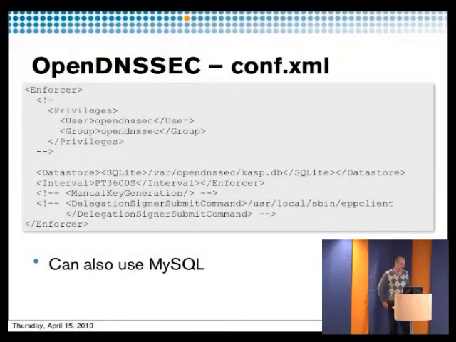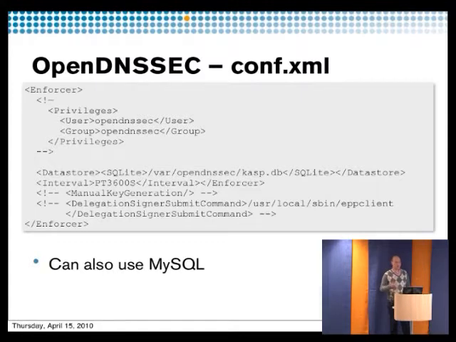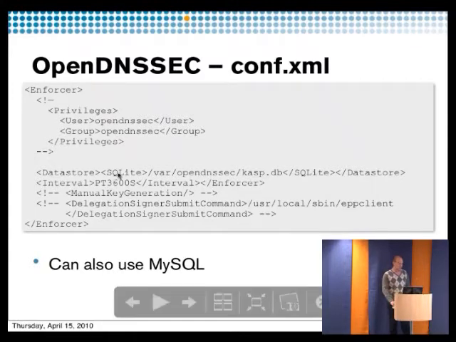And for the enforcer, if you don't want to run as root, for instance, then you can specify that you want to drop the privileges to a particular user and a group. And the same thing goes for the other components as well.